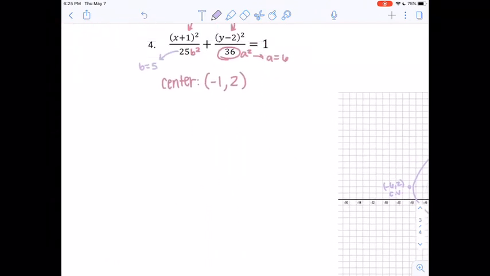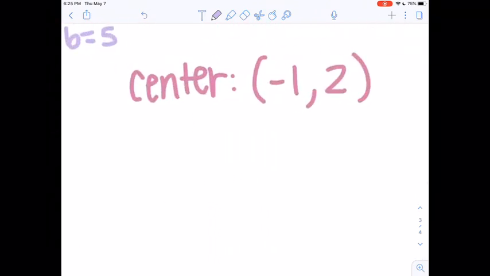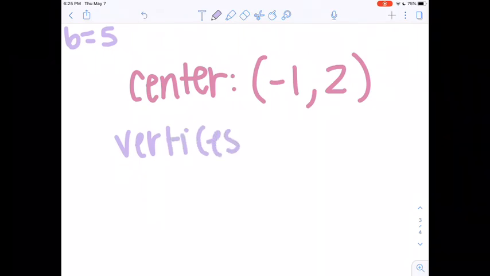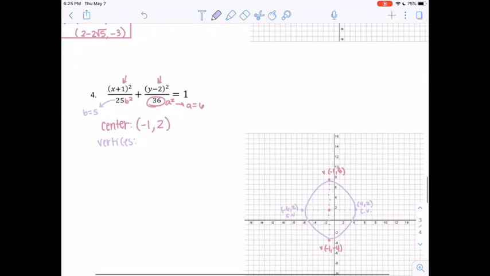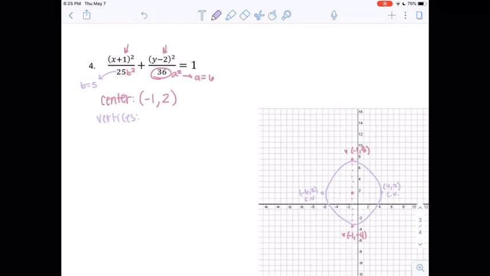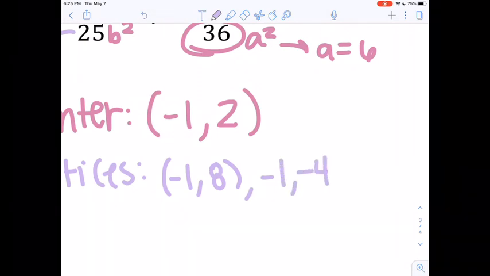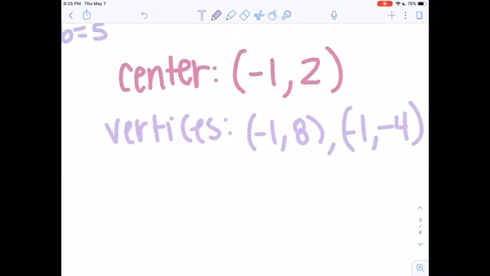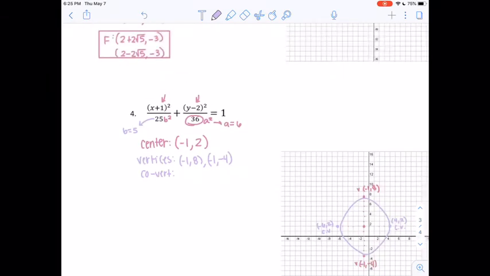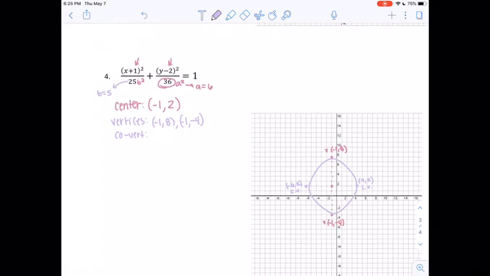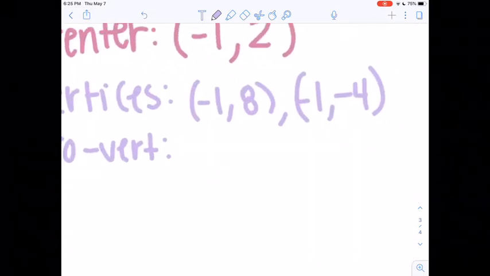So let's label our major vertices. They are at negative 1, 8 and negative 1, negative 4. Our co-vertices on the smaller axis, so the shorter distance, are negative 6, 2 and 4, 2.